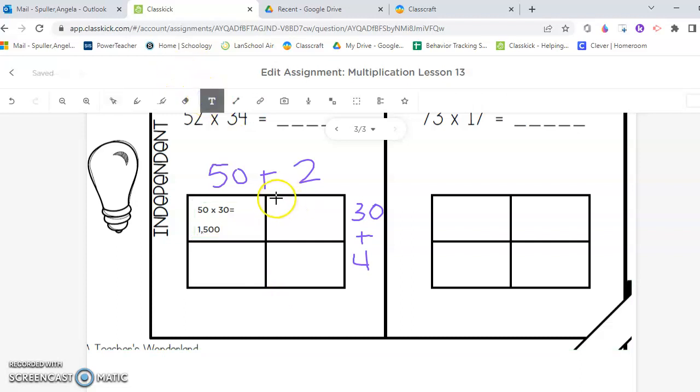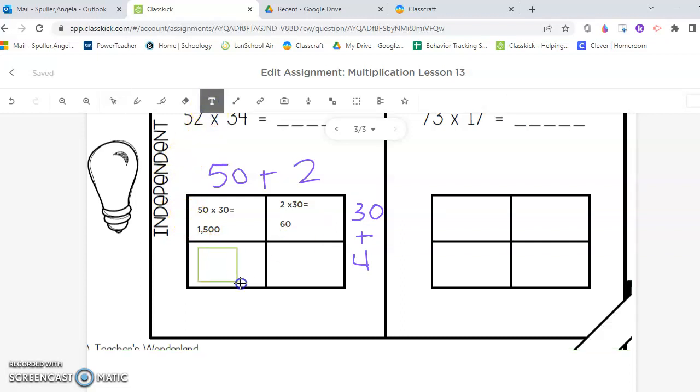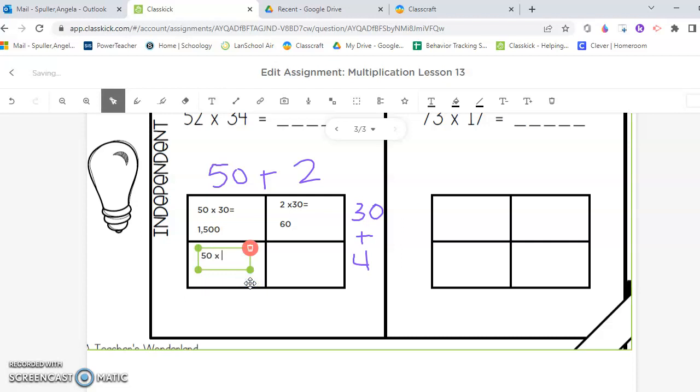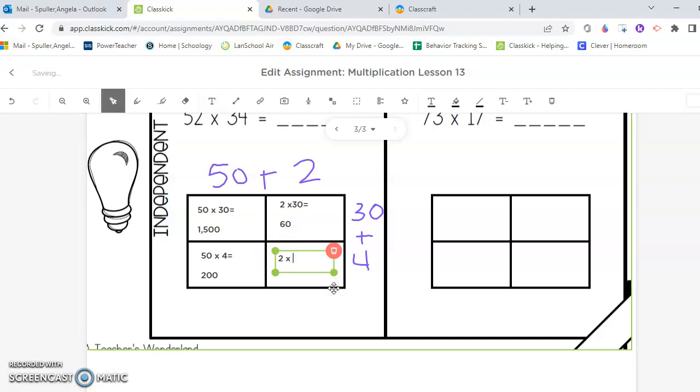All right, and then here we have 2 times 30 equals, well, 2 times 3 is 6, add a zero. Here we have 50 times 4 equals, 5 times 4 is 20, add the zero. Last but not least, we get 2 times 4 equals 8.